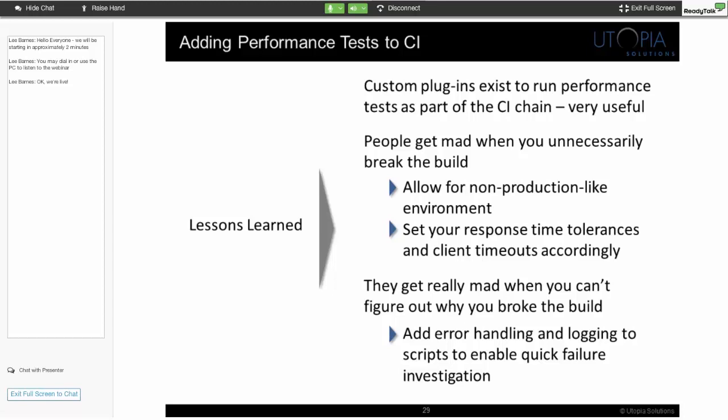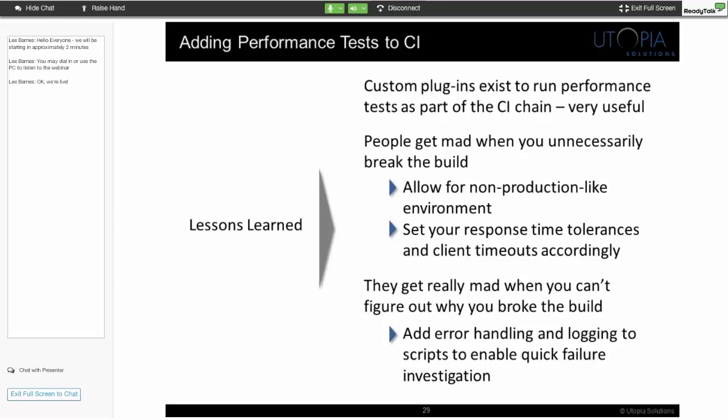Once you're part of the CI chain, though, you need to be careful because organizations as a whole get pretty mad when you unnecessarily break the build. You need to allow for the fact that you're probably not in a production-like environment. All right, so if you're setting failure criteria based on some performance metric, you need to understand that metric needs to be adjusted for the fact that you're not in a production environment.